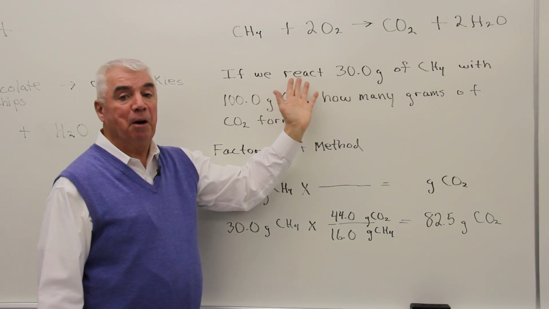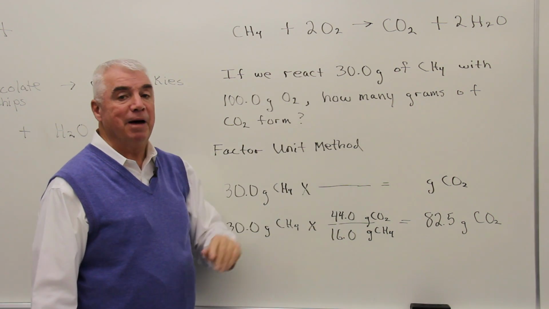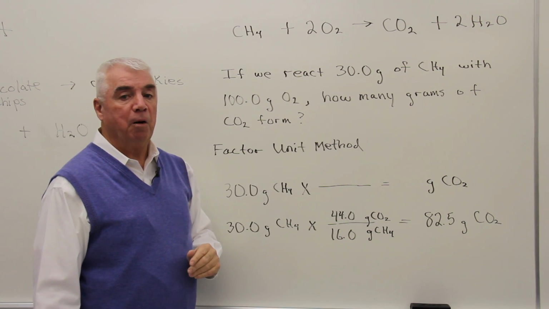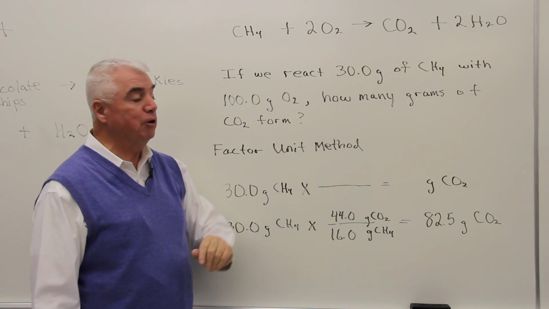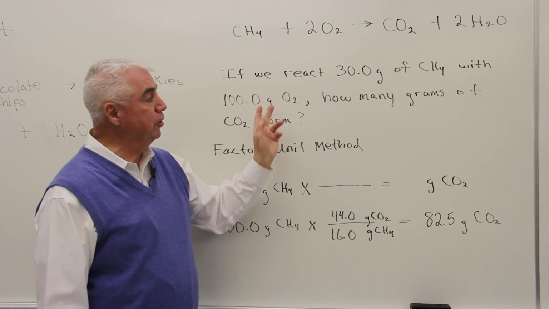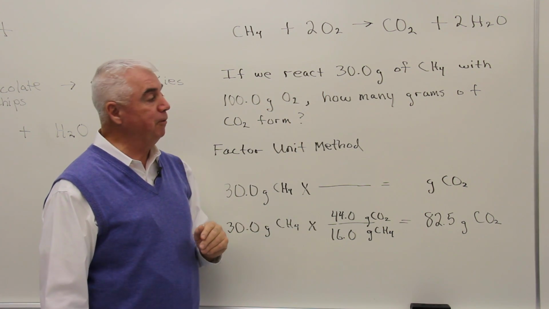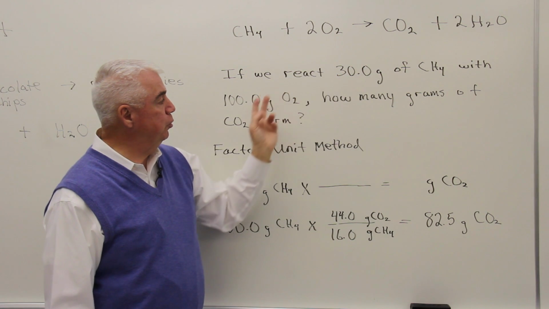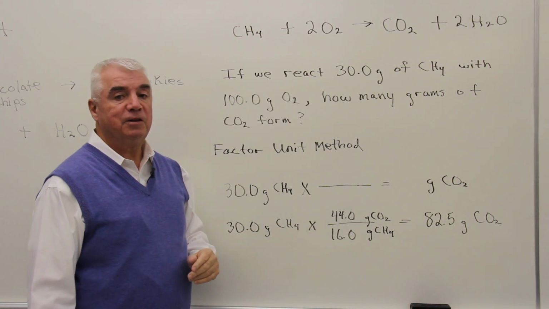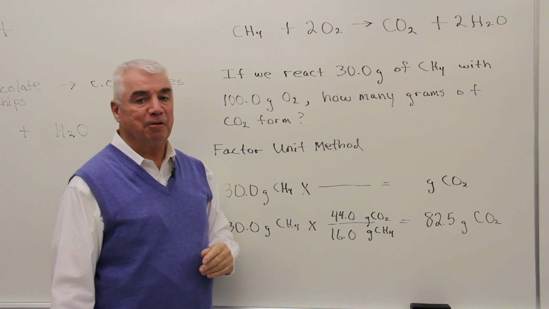Well, I see numbers. That suggests to me a math problem. I don't have a formula for working this problem, so we'll be using the factor unit method. But it's a little bit different than some of the factor unit method problems we've worked before because we have two starting materials. And that's my clue that this is going to be a limiting reactant problem.